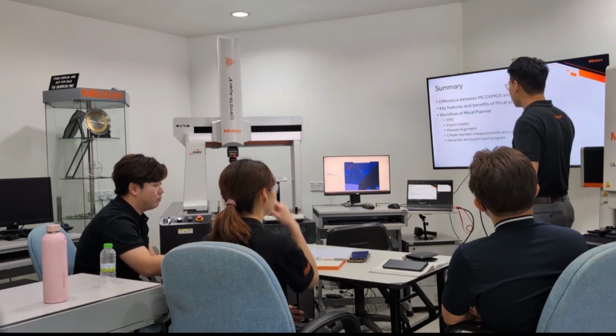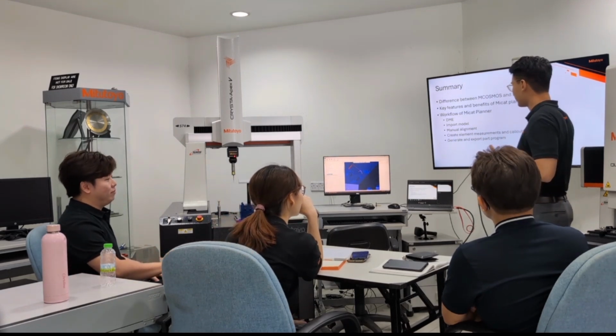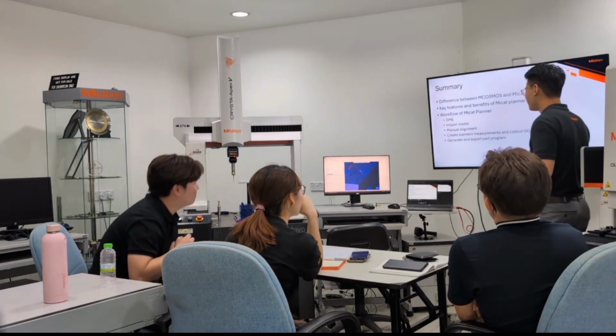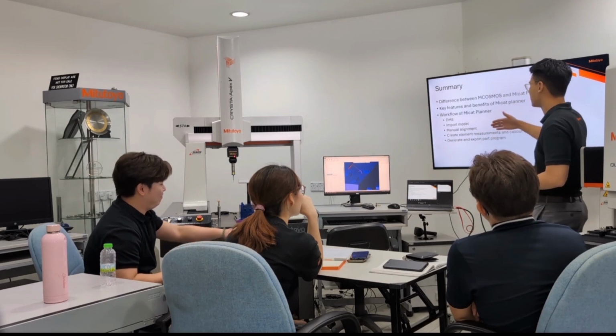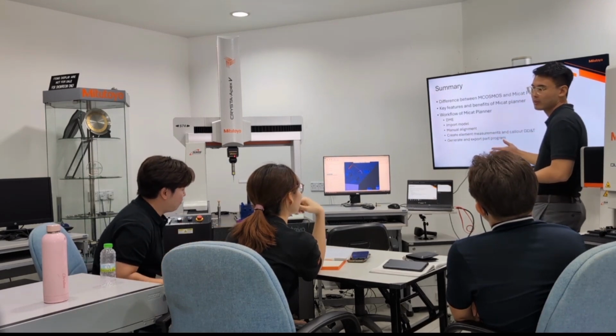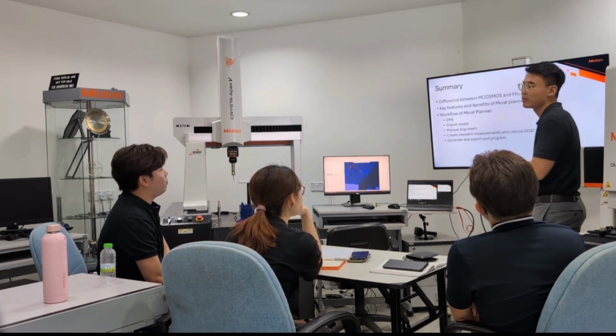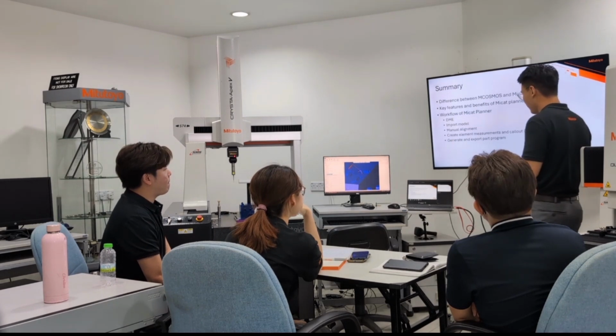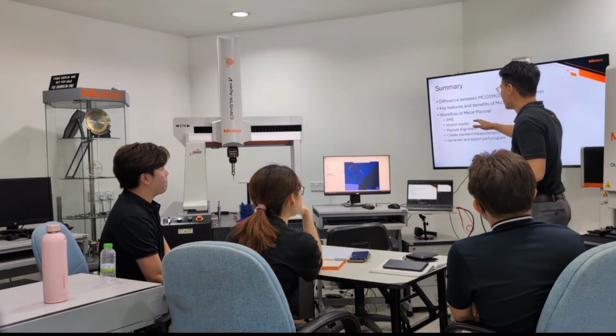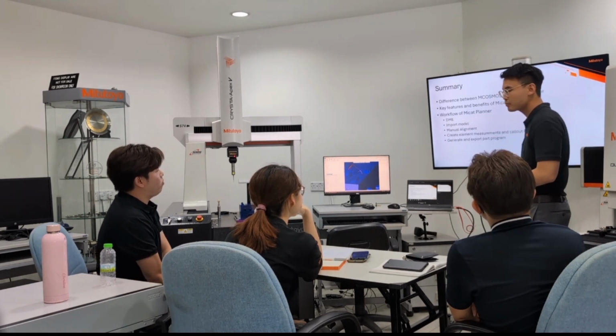Okay, so other than the features and benefits, we also go through the workflow one by one, and how to use this software. So the first thing is the DNE, which is the machine configuration.